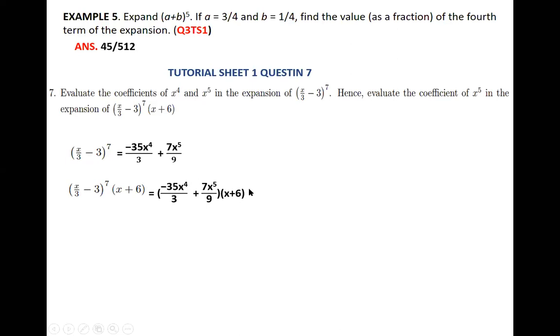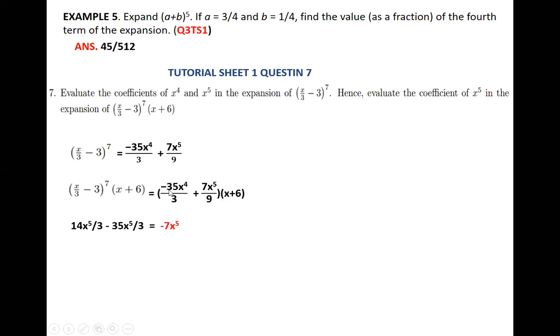In this multiplication, the question is saying I should only find the coefficient of x to the power 5. So when I multiply this, I'm just going to be getting the coefficients of the terms that are going to give me x to the power 5.